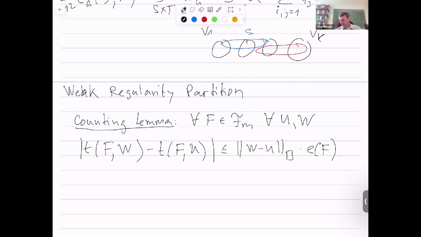This lemma is not hard to prove, but probably I don't have time, so I'll just state it. And if you look for the graphon counting lemma, you'll find it in Lovász's book or Yufei Zhao's book.